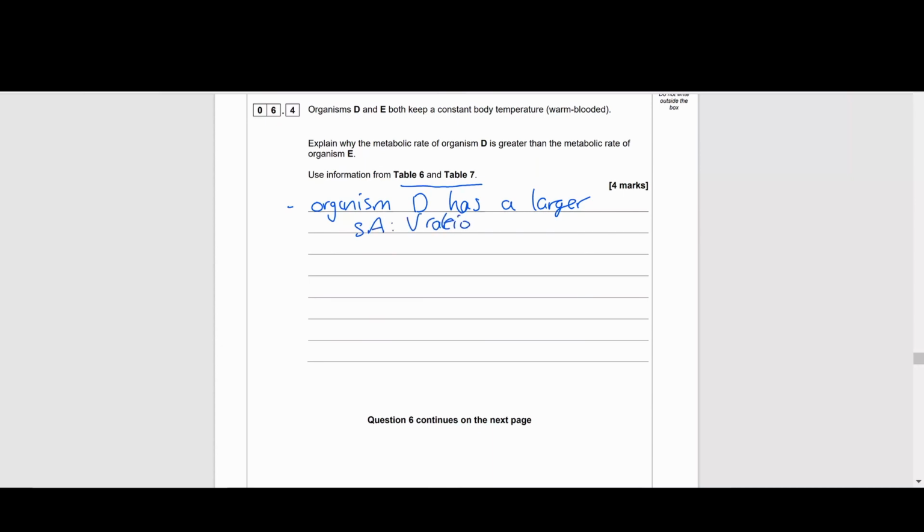But how now is that going to be linked to constant body temperature? Well, let's think about this metabolic rate. This is the rate of chemical reactions occurring in the body. But what might be the link between metabolic rate or metabolism and body temperature?